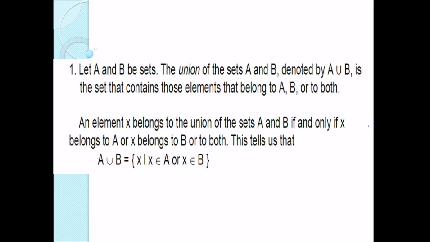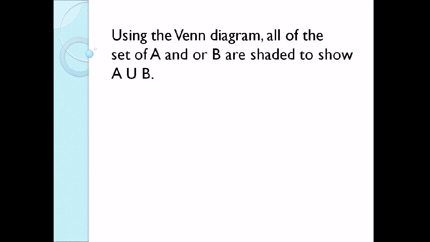An element X belongs to the union of the sets A and B if and only if X belongs to A or X belongs to B or to both. This tells us that A union B is the set of all X such that X is an element of A or X is an element of B. So ano po yung ibig sabihin ng mga nabanggit na statements?